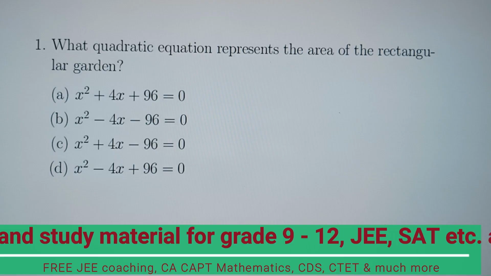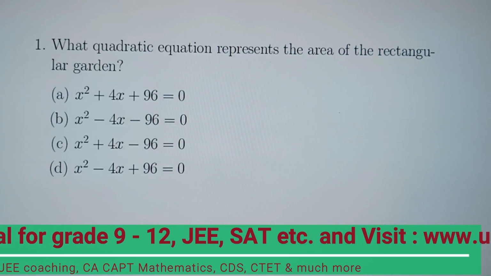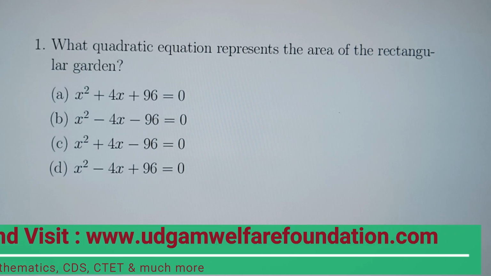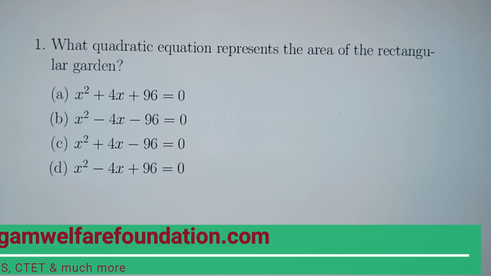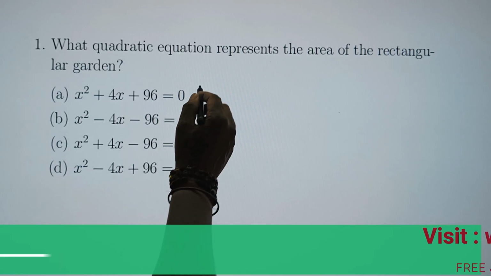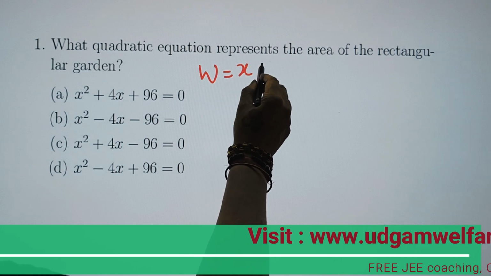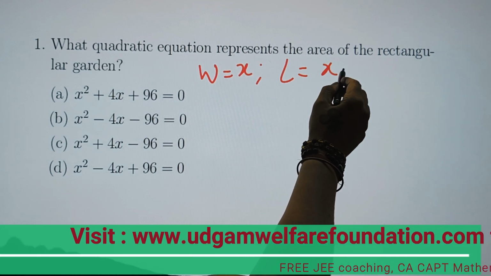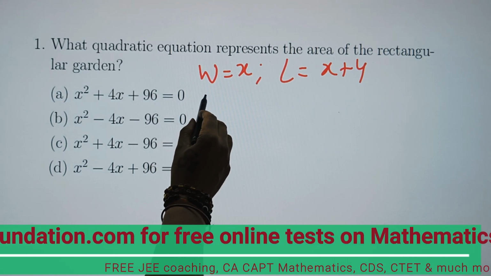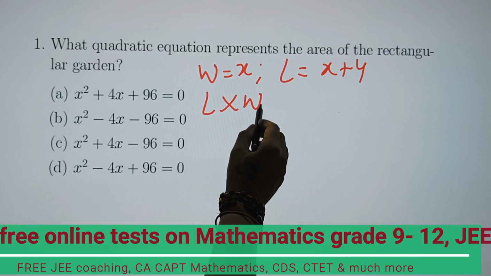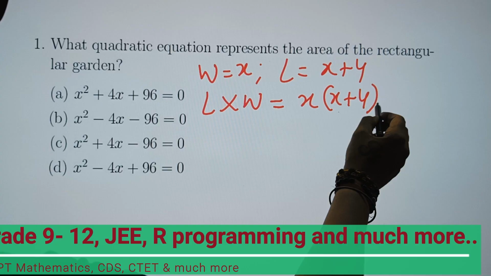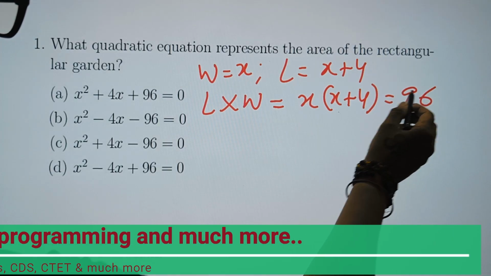So students, here comes our question number 1 on this particular case study, which states: what quadratic equation represents the area of the rectangular garden? As in our case study, it is given that length is 4 meters more than its width. So let us assume that width is equal to x, therefore length is equal to x plus 4. As we know that area of a rectangle is given by length into width, which is given by x into x plus 4, and it is given that this is equal to 96.